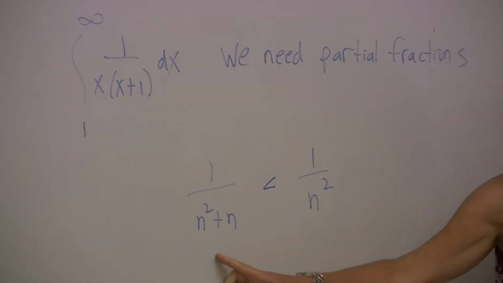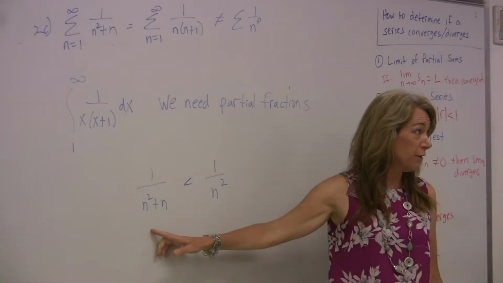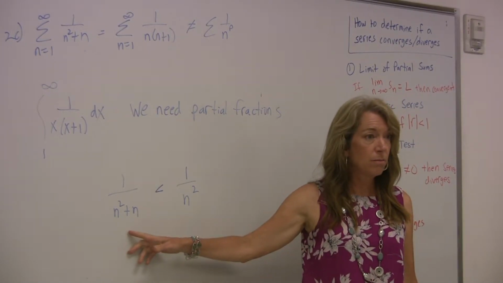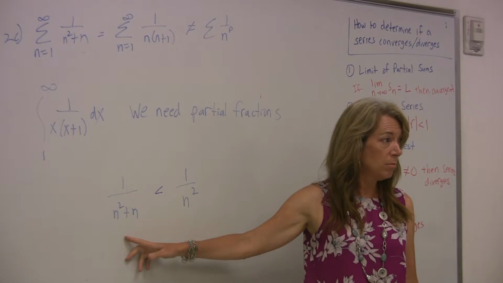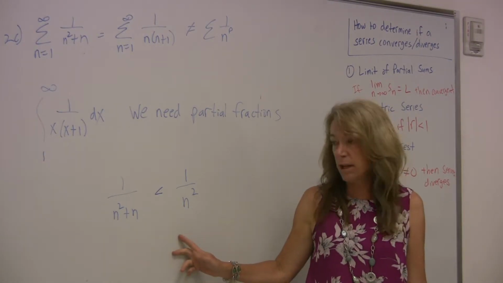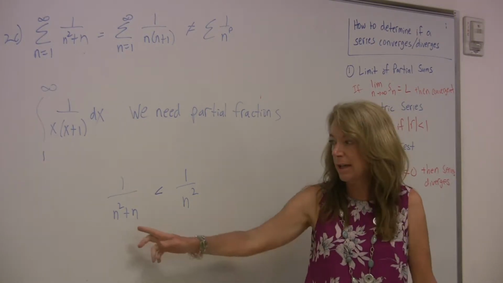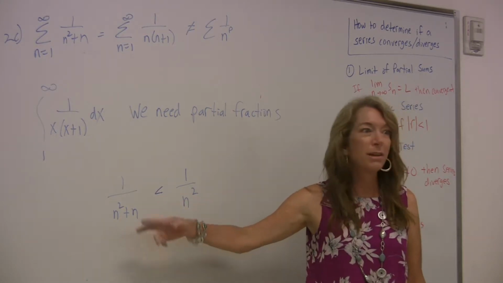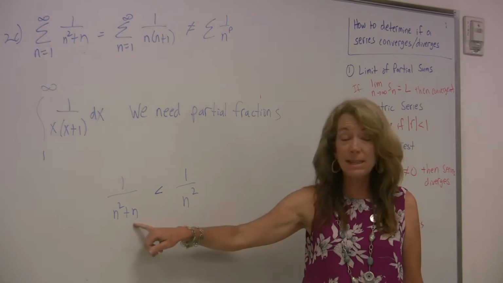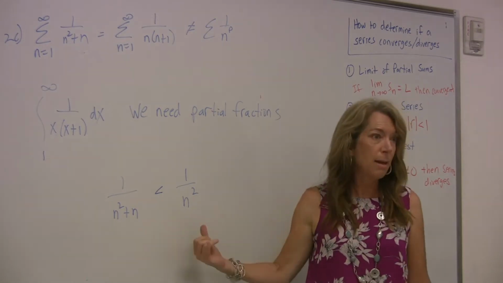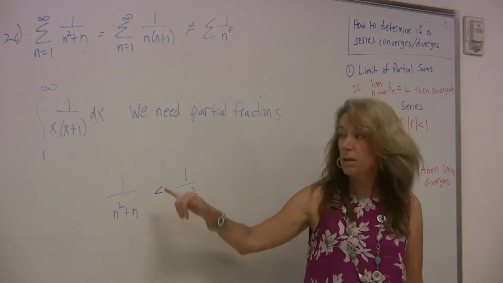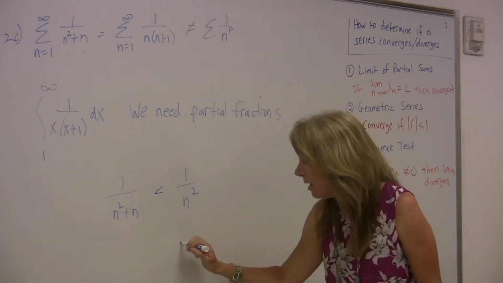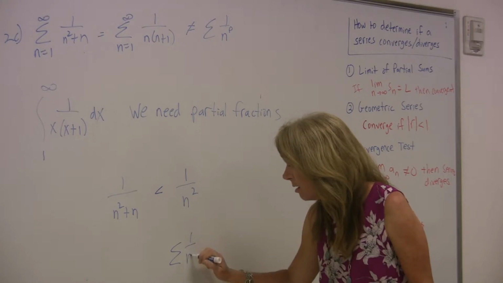This one has a larger denominator, so it's a smaller fraction. Bigger denominators have smaller fractions. Agree that's true? Pick an n and plug it in if you don't agree. Put a 1 in there. This will be a 1 over 2, this will be a 1 over 1, that's smaller. Put a 3 in there, whatever you need to. But because this denominator is larger, that makes the fraction smaller. What can you tell me about this series?